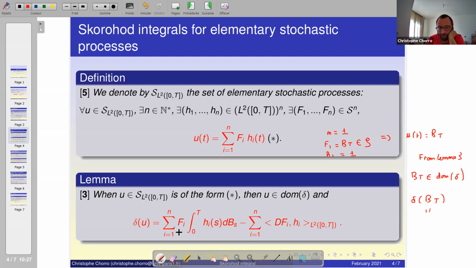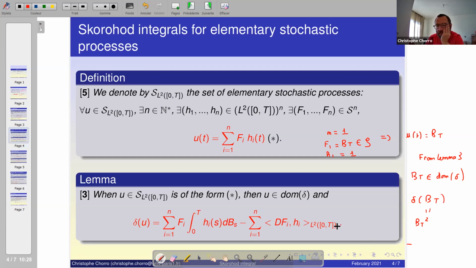So I obtain what? It's B capital T multiplied by this one, h being equal to 1, so this integral is B capital T also. So I obtain B capital T squared from this expression minus, so the derivative of this one is the indicator function between 0 and capital T, h1 being 1, so the derivative here is also 1.